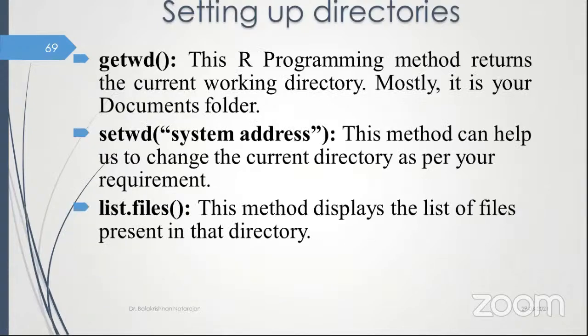You can set the current working directory with setwd, and get the current working directory using getwd. Similarly, to know the files, you can use list.files. So these are the three different functions that can be used for setting the directories.